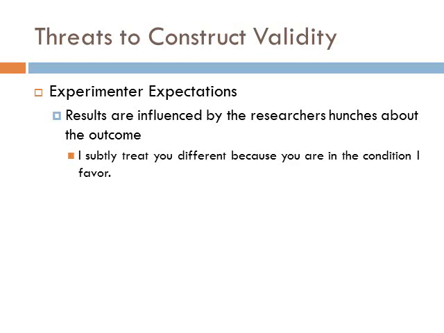So I would really like to believe that my theory is right, that what I've been studying for years does have the impact it's having. So when I do the research, I subtly give cues, give help, give influence to the group that backs my theory, what I believe, and so those expectations then shift the outcome and reduce our validity.